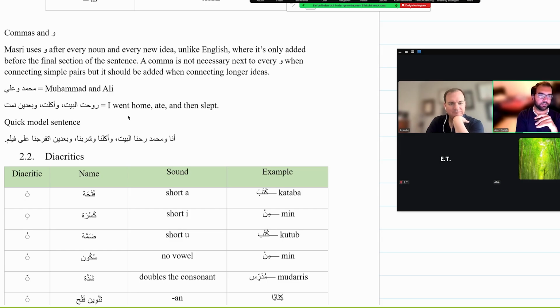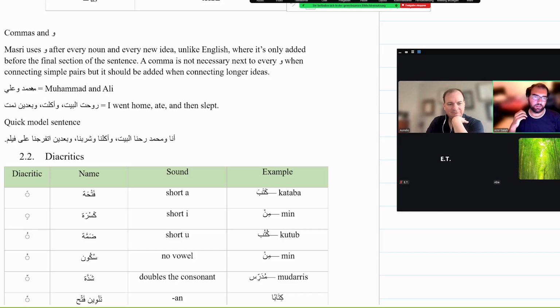Depending on whether you use the Oxford comma or not, sometimes you add a comma before the end. I personally add a comma before the end. But the and is always used one time, at the end, if you have multiple things you're connecting. In Masri, you do it with every single noun.